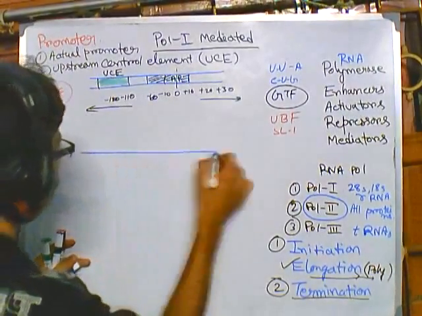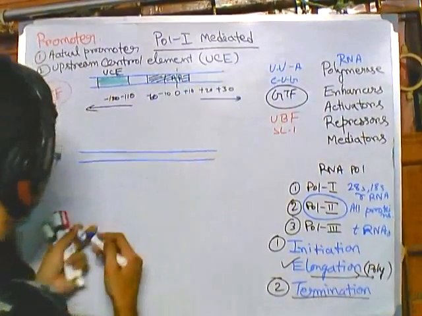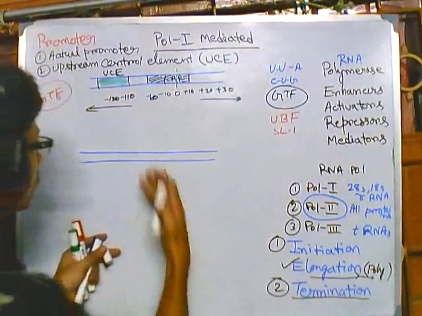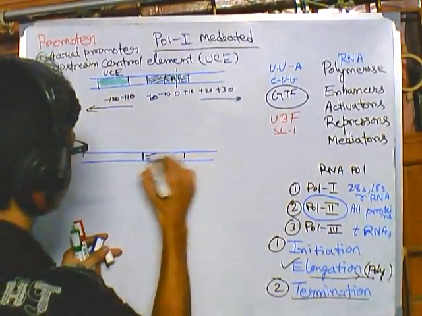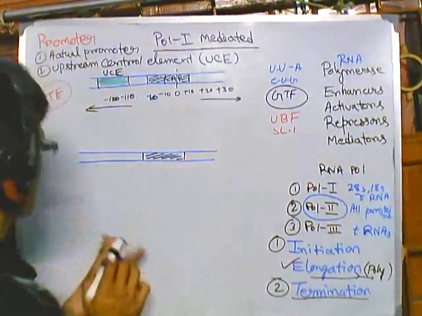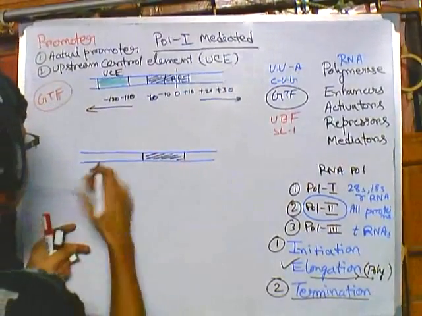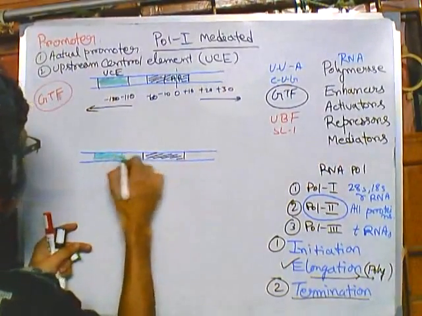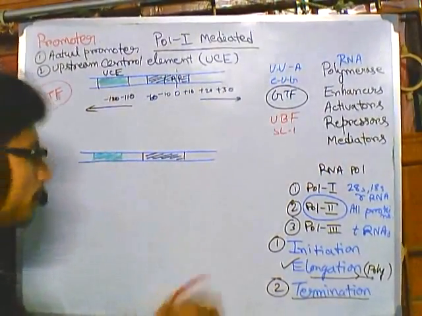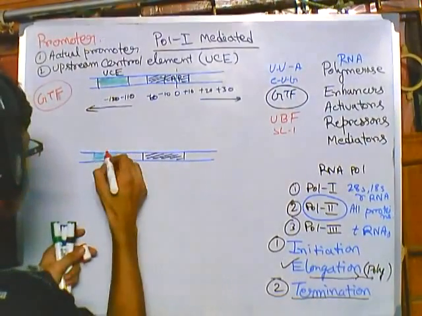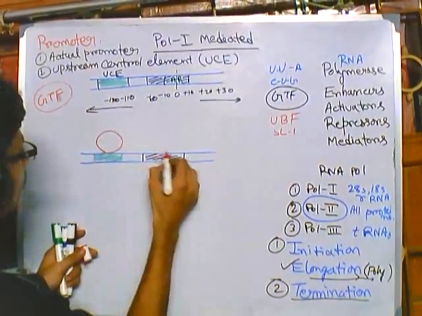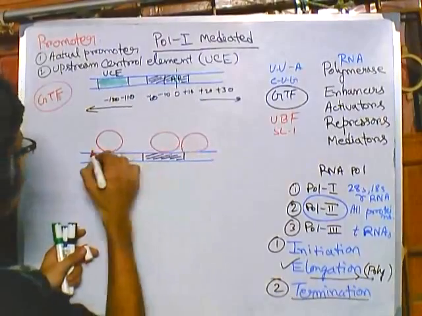So again, let us draw the structure like that. This is the actual promoter region, and this is, say, the upstream control element. In this upstream control element, UBFs start to attach. Say these are the UBFs.